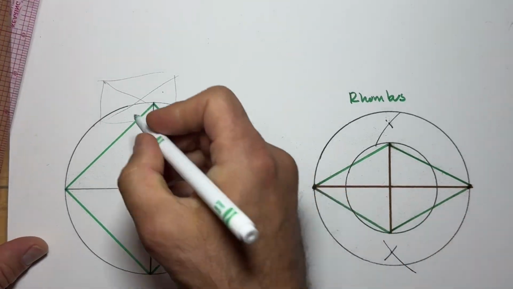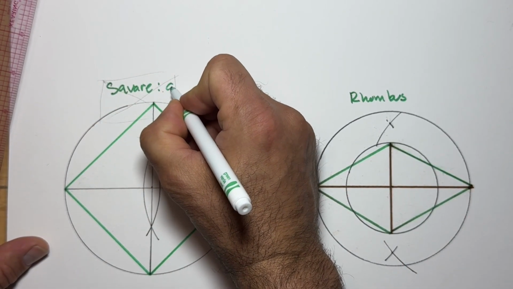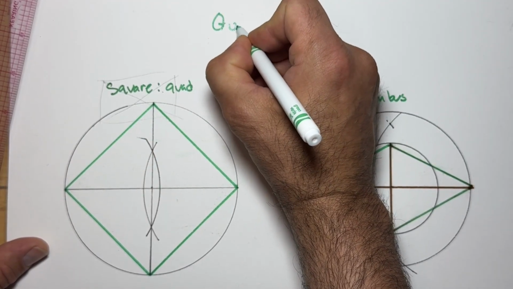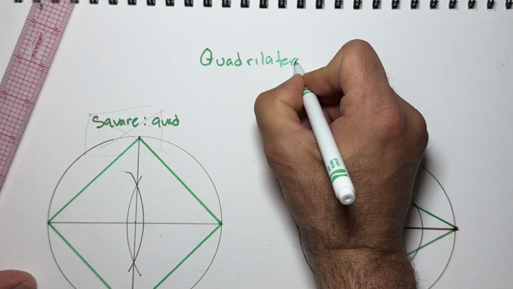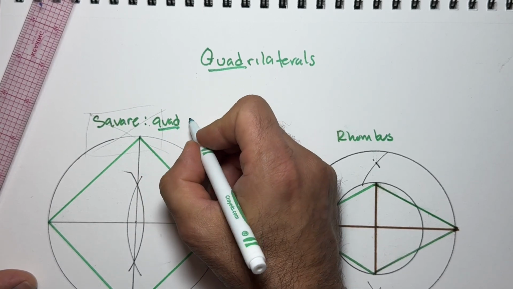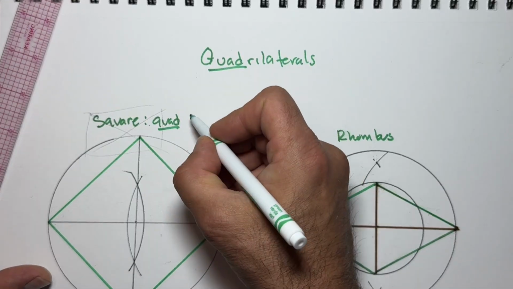So we have a square, which is obviously, these are quadrilaterals, meaning four sides. But the word square is from the word quad, the root word in Latin, so it means square.